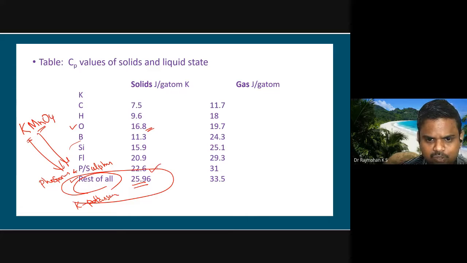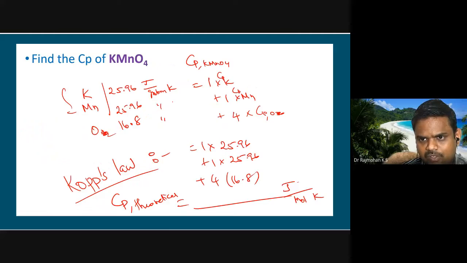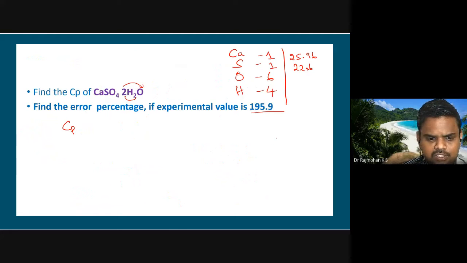S value is 22.6, and 6 times 16.8 for oxygen, and hydrogen is given as 9.6. So we make use of 6 times 16.8 and 4 times the hydrogen value, 9.6.